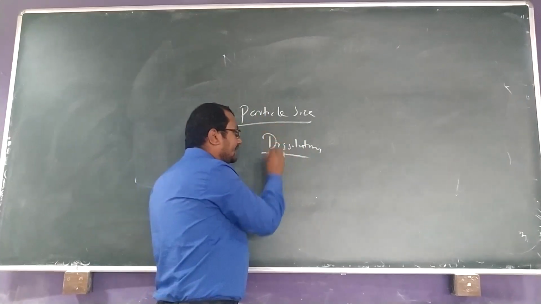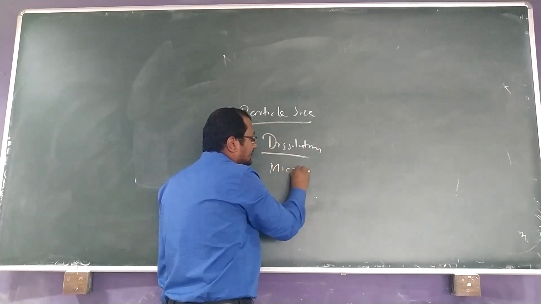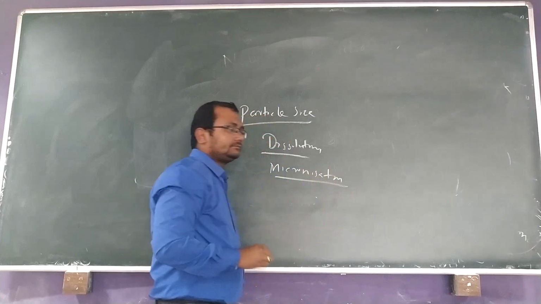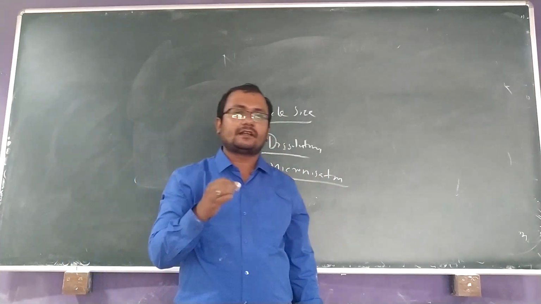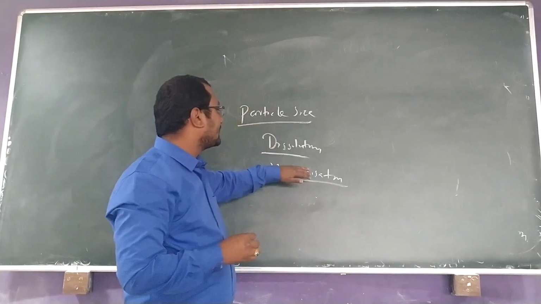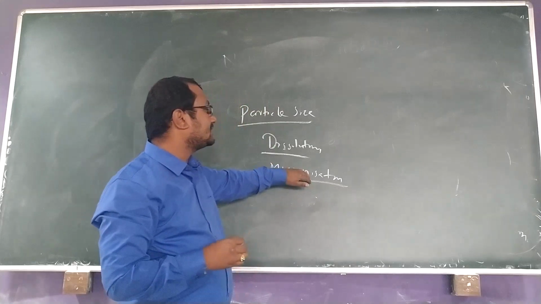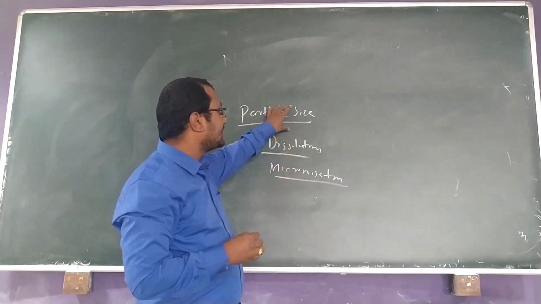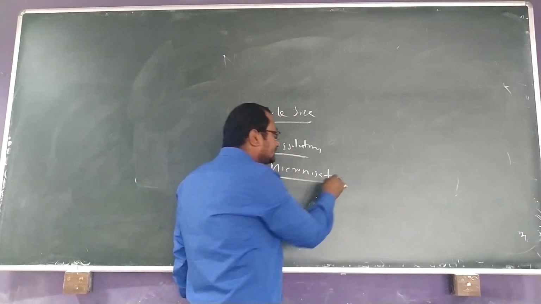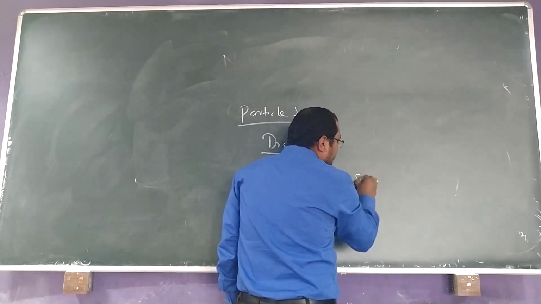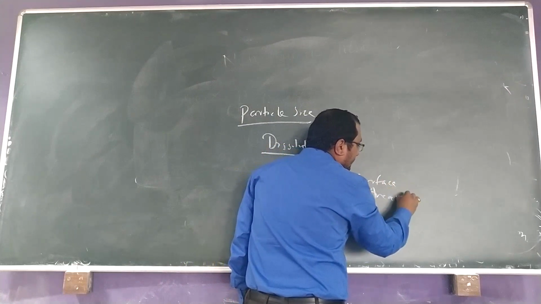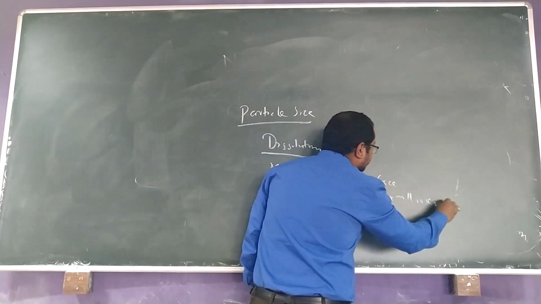So that's one technique we use for that. It is known as micronization. In this, we decrease the particle size to micron sizes. So it will decrease the particle size and the surface area will increase.